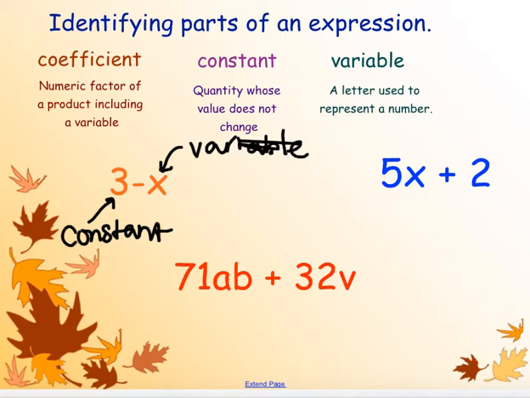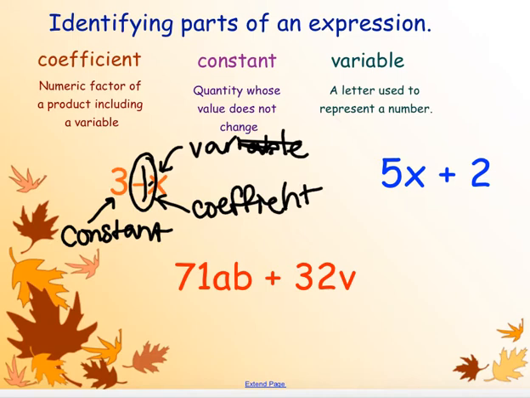We're looking for something that is being multiplied by x. And since technically in front of this x we have a 1, we are going to have a coefficient, but it's not just going to be 1. Since it's a negative x, -1 is actually our coefficient. This is our coefficient. It is the numeric value that is being multiplied by our variable.